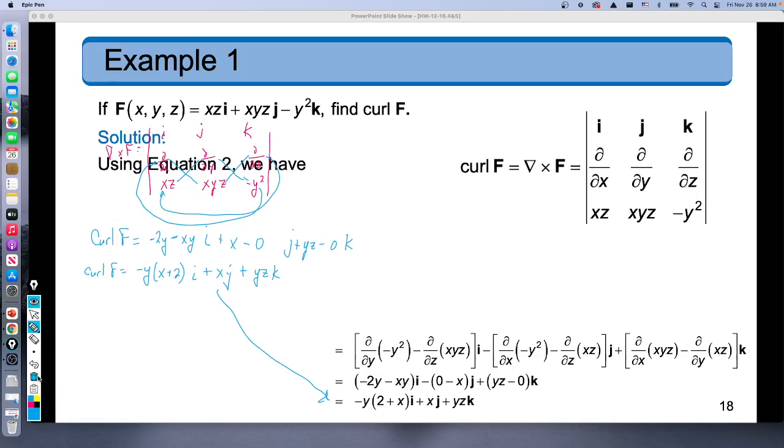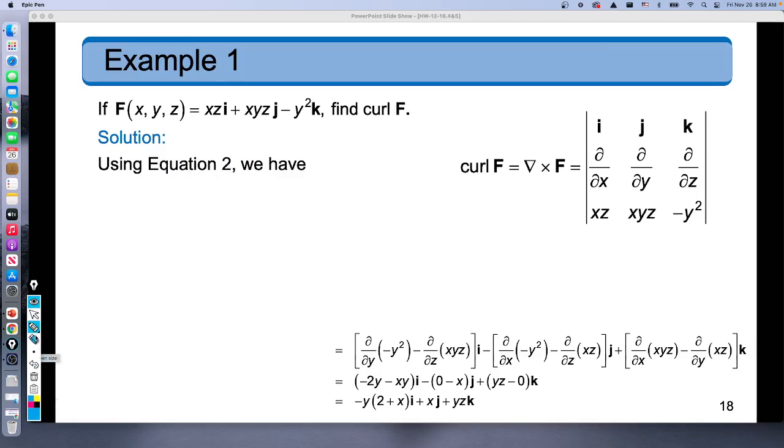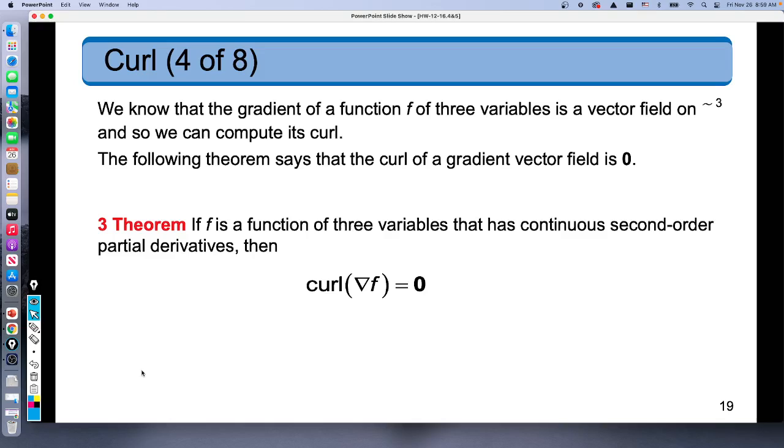Okay, let's go ahead and clear this out. If f is a function of three variables, and if it has continuous second order partial derivatives, then the curl of the gradient will be 0.